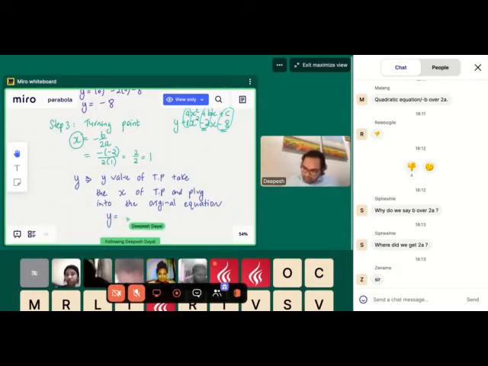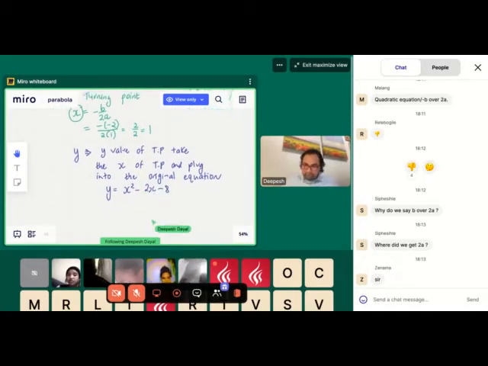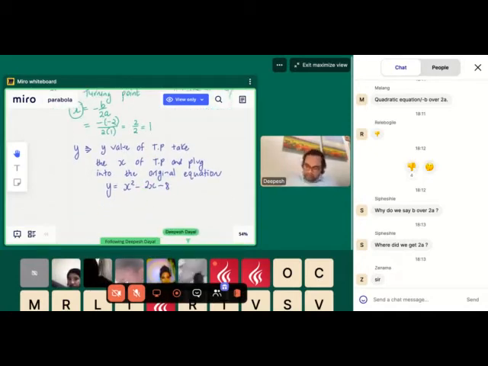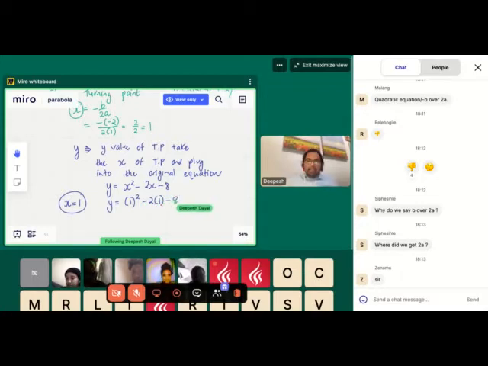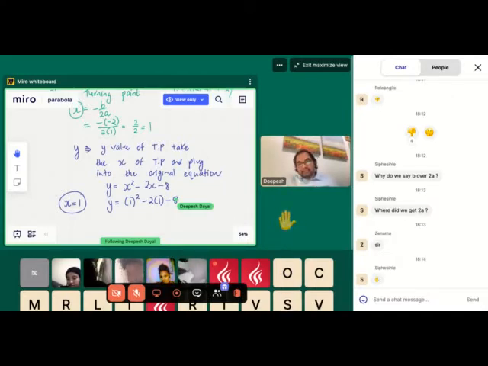So we've got y equals x squared minus 2x minus 8. Okay, so that's the original equation. And in this equation, we're going to take the x of the turning point, which is x equals 1. And you can see in the place of x, I've plugged in 1, which is the value of the x at the turning point, right?